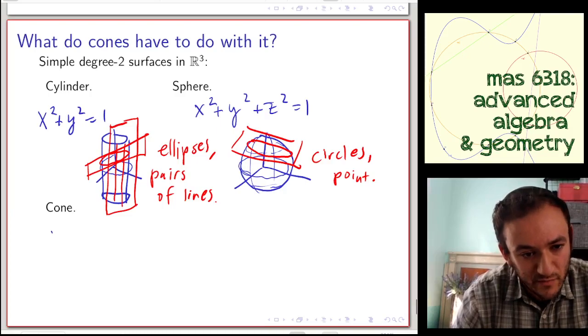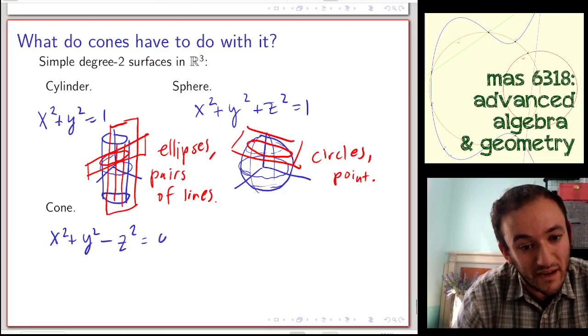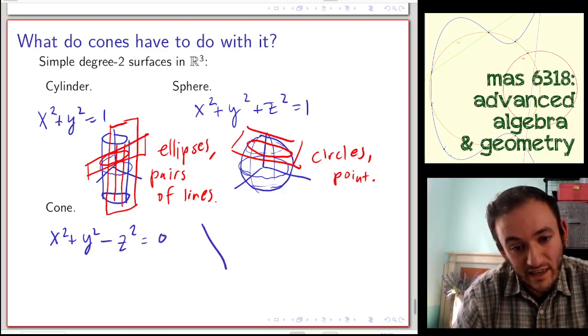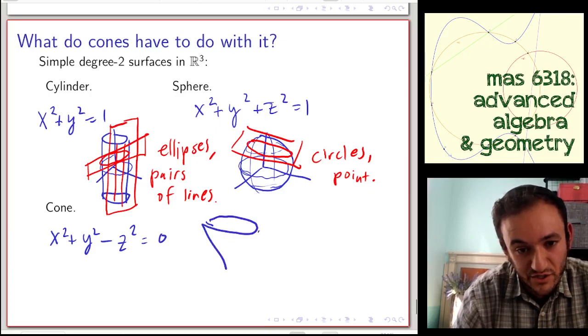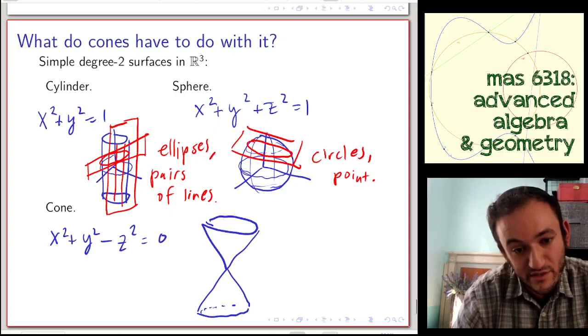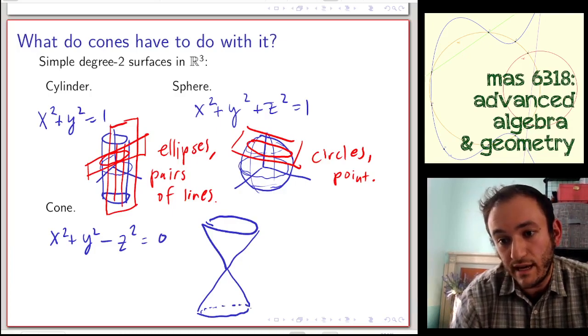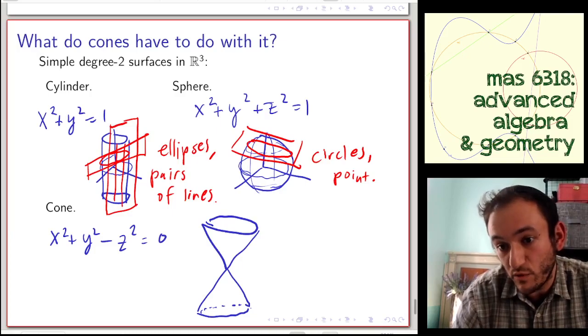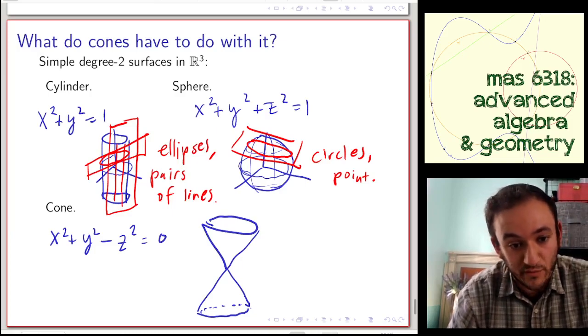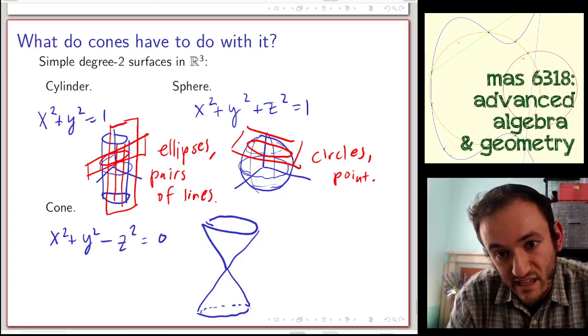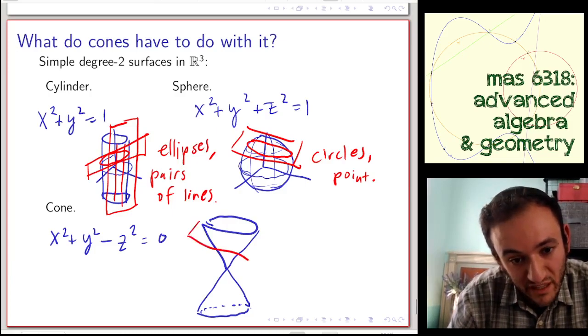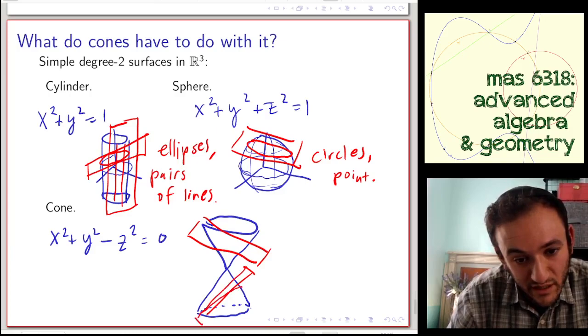So really, just by adding in this minus sign, x squared plus y squared minus z squared equals 0, we get something slightly more complicated in its equation, but all of a sudden we get the ability to represent every single possible quadratic equation in two variables, because when we intersect by a plane, we get a parabola here.